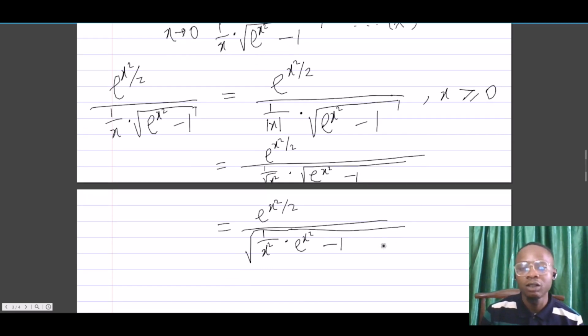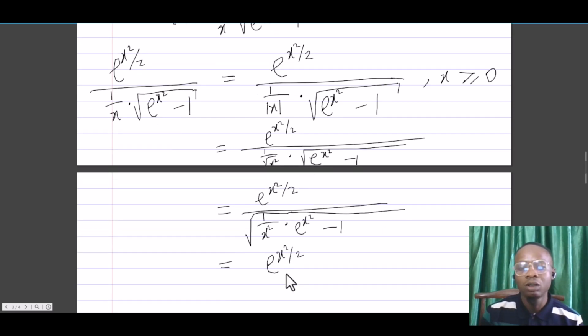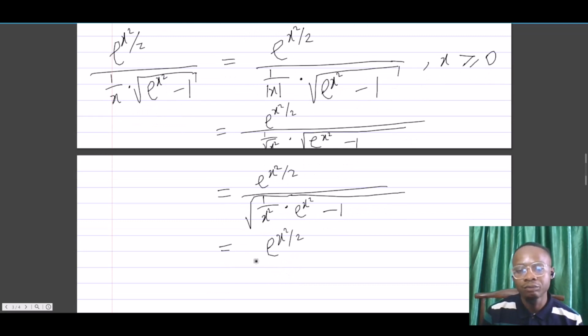So from here, we say that this is equal to e to power x squared over 2 divided by the root of e to power x squared minus 1 over x squared.